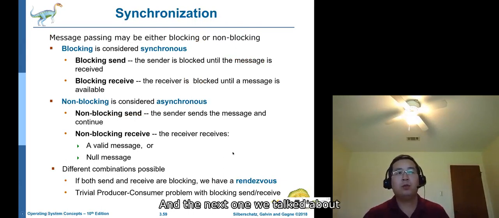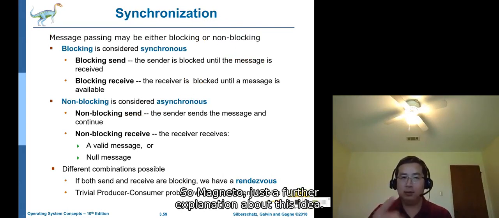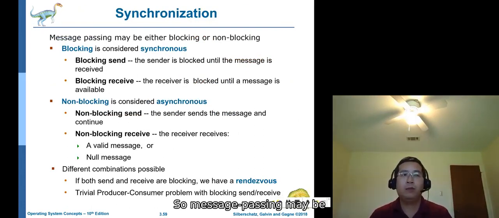And the next one, we talk about the message passing synchronization issue. So next, just a further explanation about this idea. Message passing may be either blocking or non-blocking. So what is blocking?